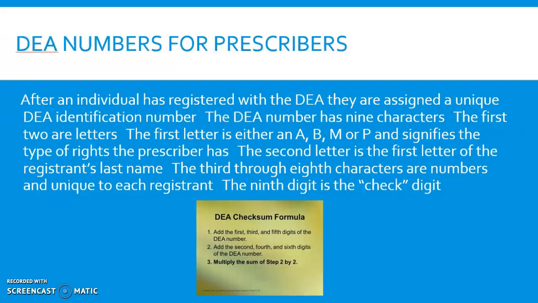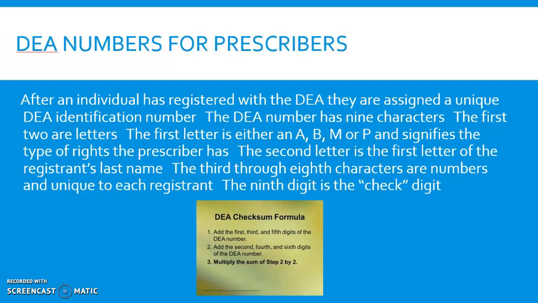Those first 2 letters either have to be A, B, M, or P. That's the first letter. First letter is always A, B, M, or P. And that basically tells us something about the prescriber. Are they a doctor? Is it a hospital DEA, those types of things. So it gives us information like that, as well as what they're allowed to prescribe. Can they prescribe controlled substances, things like that.